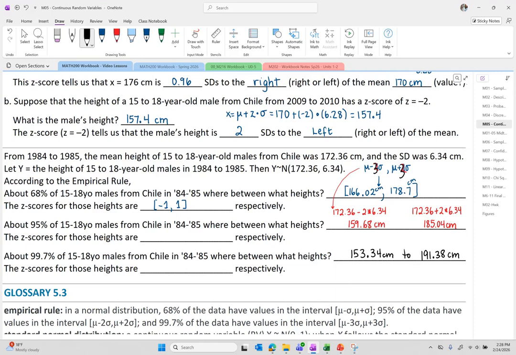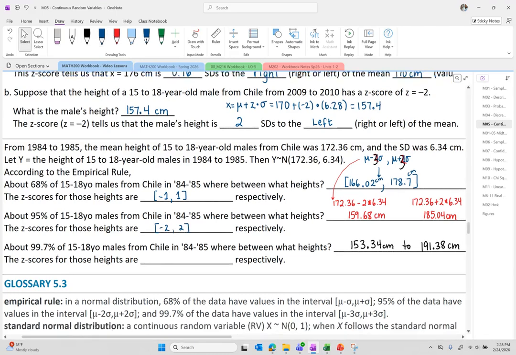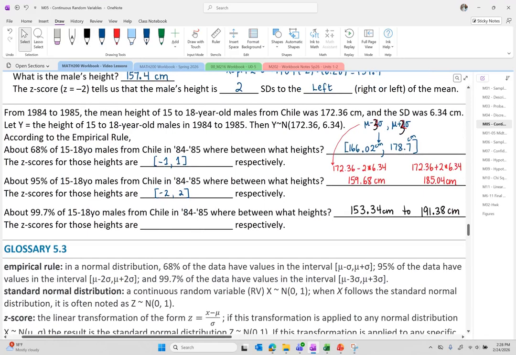So -1 to 1 standard deviation means -1 to 1 z-score. -2 to 2 standard deviations from the mean means from -2 z-score to +2 z-score. And -3 to 3 standard deviations from the mean will mean from -3 z-score to +3 z-score.